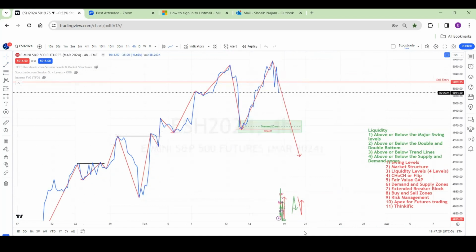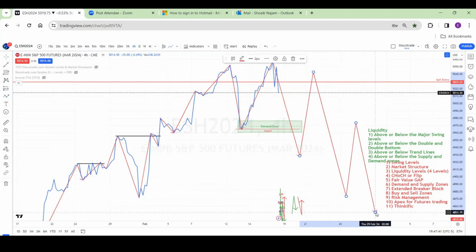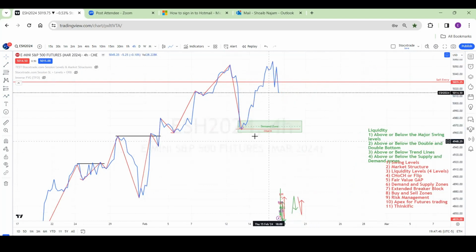And then I need to wait for the price to retest any of the supply zone here or any of the fair value gap. I will tell you what a fair value gap is. And then the price will go down and create lower low, lower high. So until it breaks this 4 hours low, I will not think that I need to go in any sell position, in any sell trade.